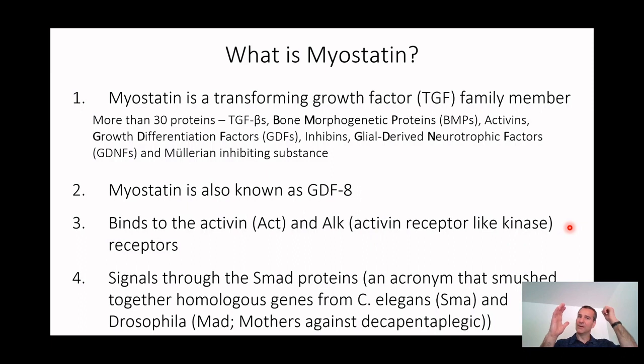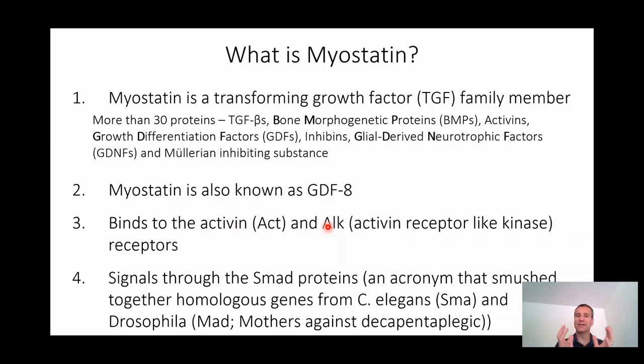This is where, as with IGF-1, it brings two different receptors together and one phosphorylates the other. So when myostatin binds to the activin receptor 2B and the ALK receptor, it brings the two of them together. The activin receptor can activate this ALK receptor, and now the ALK is an active kinase.